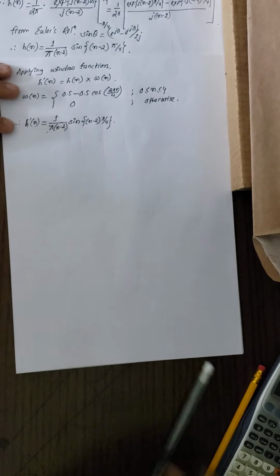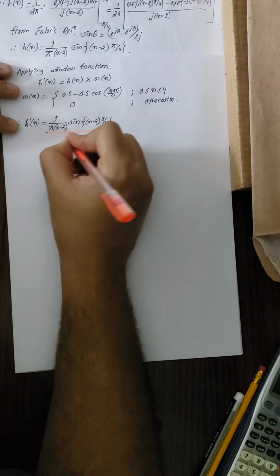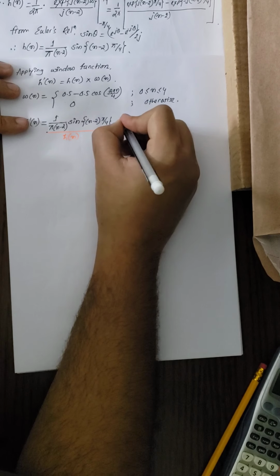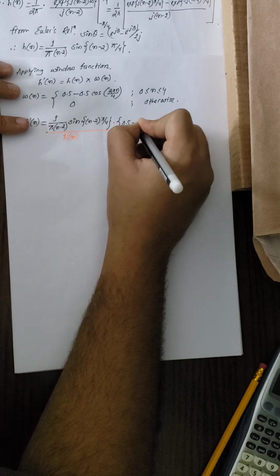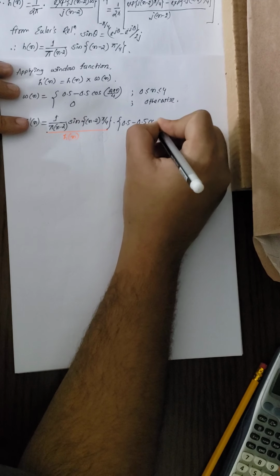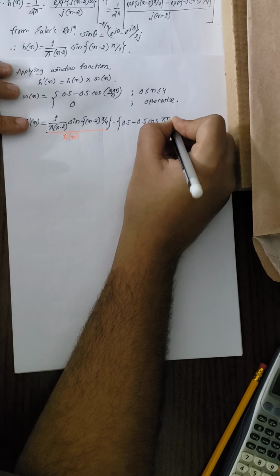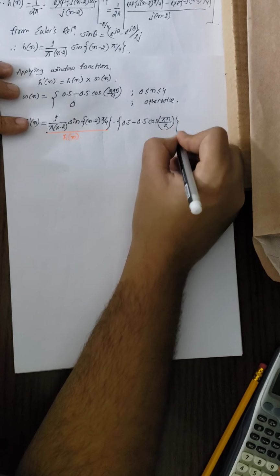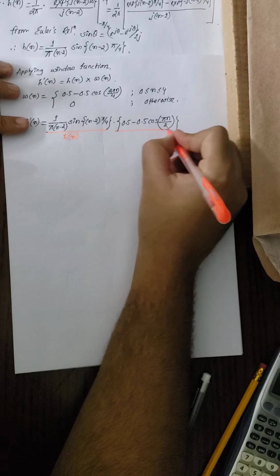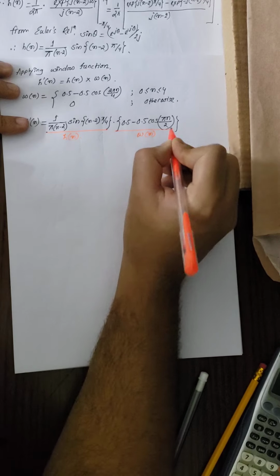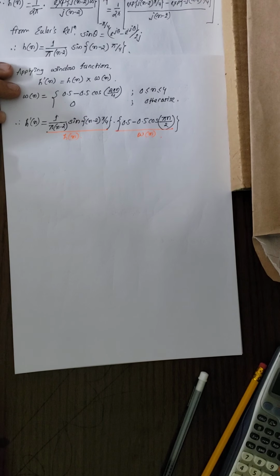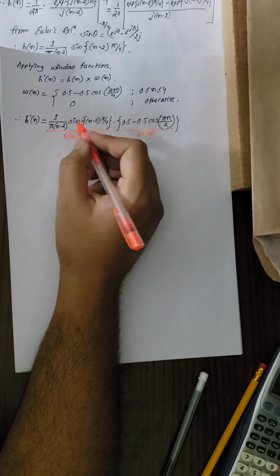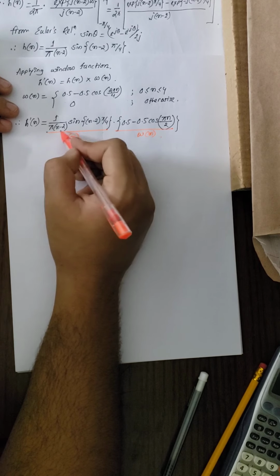This is our h of n, and 0.5 minus 0.5 cosine of pi n over 2, just simplifying this term, will be our w of n. So now all we are left with is to determine the value of h prime of n for all values of n going from 0 to 4.